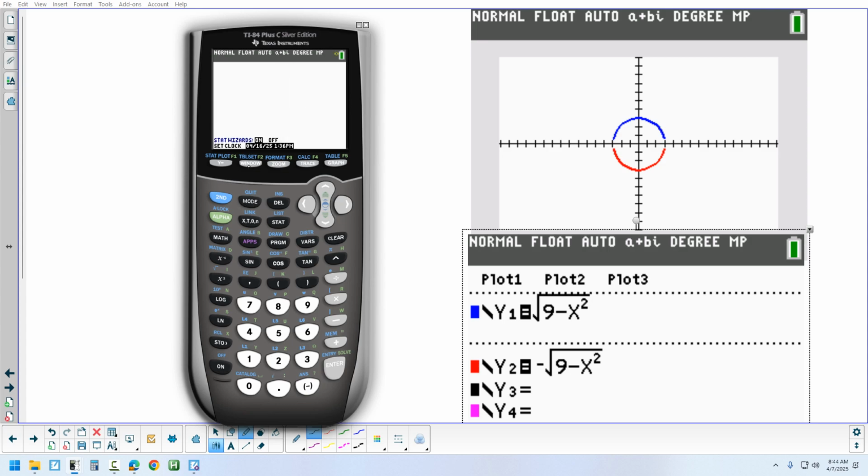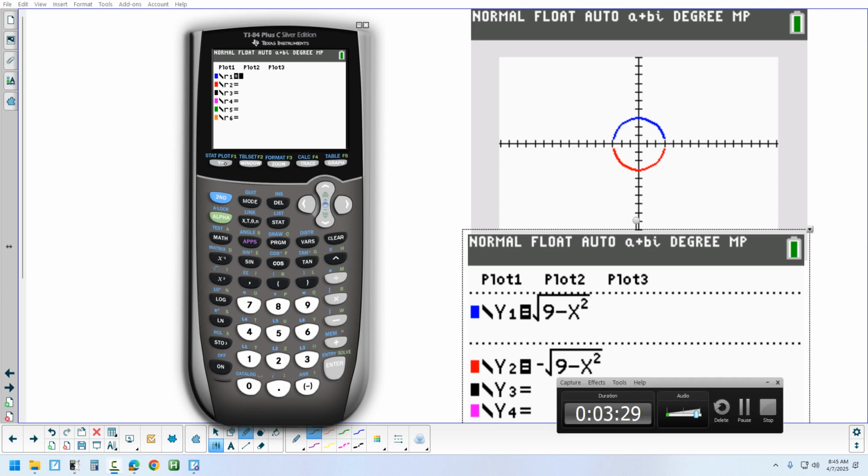Okay, so let's put this here and let's go radius of 3. Graph. Okay, I'm not sure why it is taking so long.